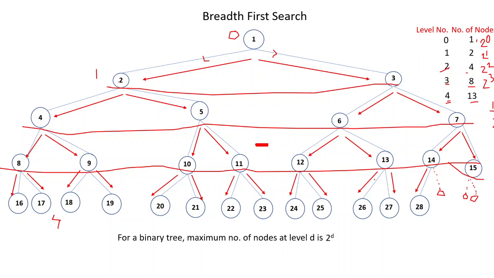So at any level D, the count is 2 to the power of the level number. So for a binary tree, the maximum number of nodes at level D is 2 to the power D.